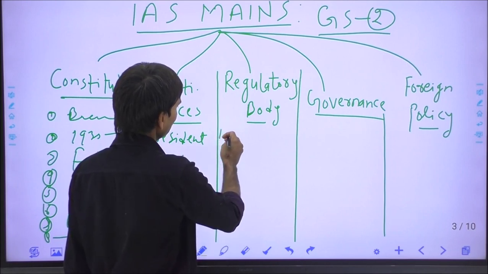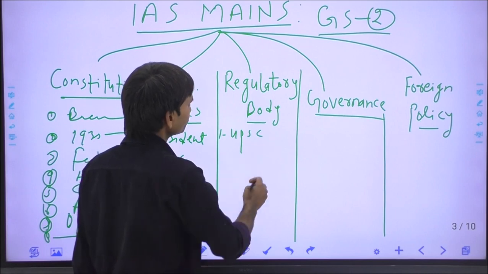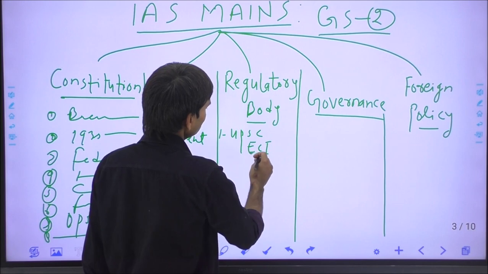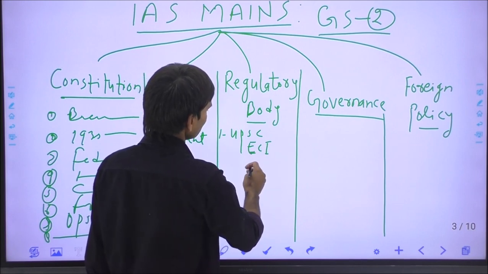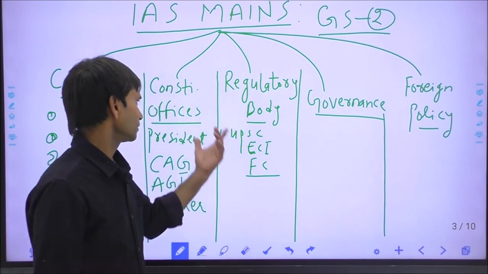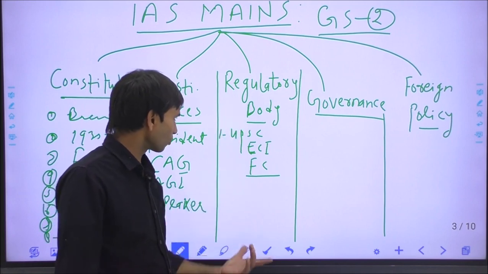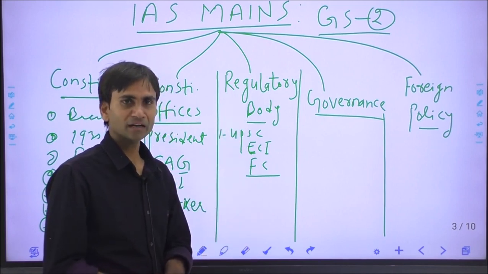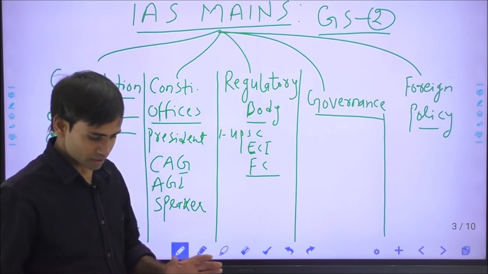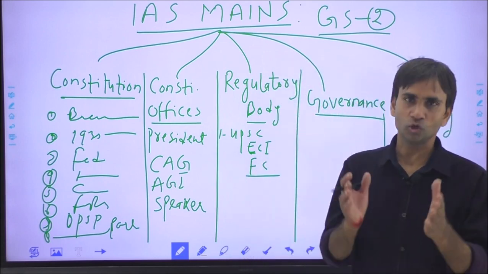One is the UPSC, Union Public Service Commission, the Election Commission of India, and the Central Finance Commission. These three are important constitutional bodies, and they are regulatory bodies too, and they are also quasi-judicial bodies or organizations, because they have been given some powers of civil courts.